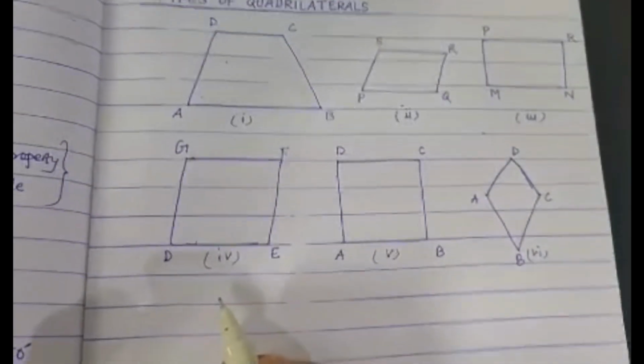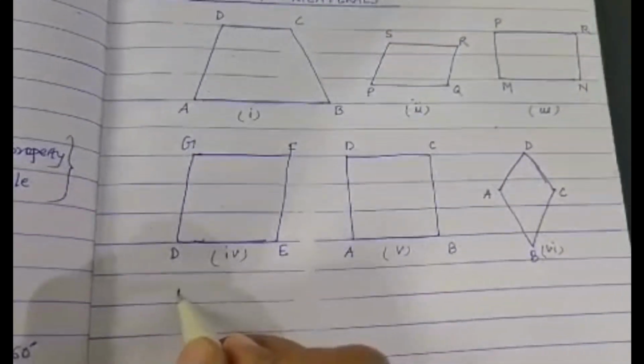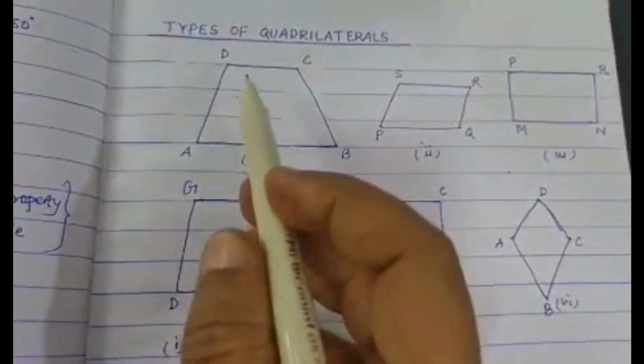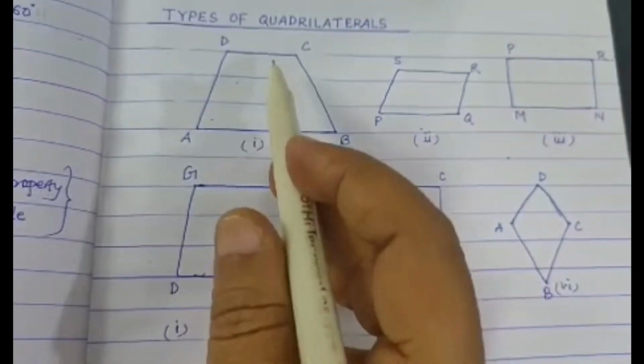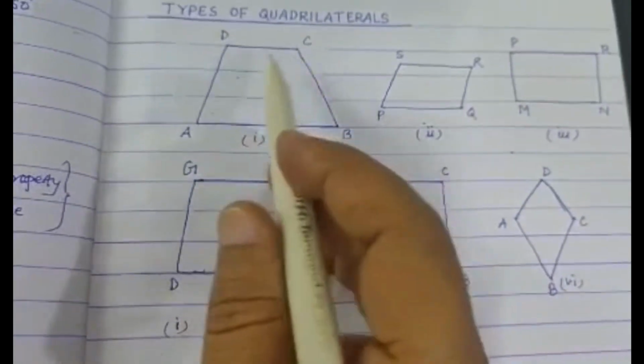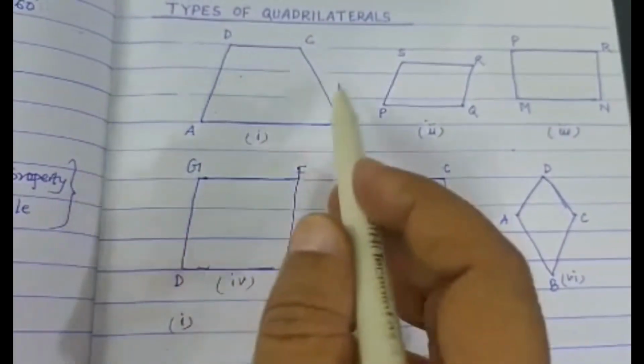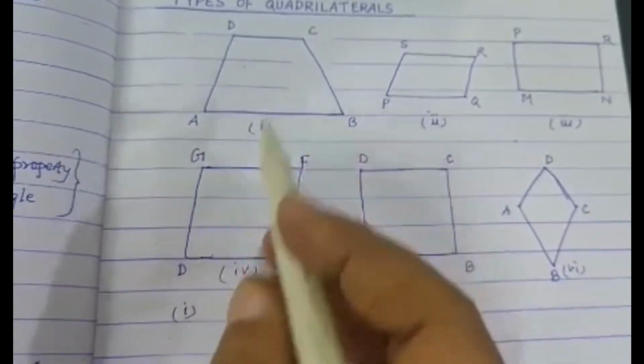Now let us discuss one by one. Let us discuss the first one. You can see that this side and this side are parallel, meaning AB is parallel to CD. And AD and BC are not parallel.